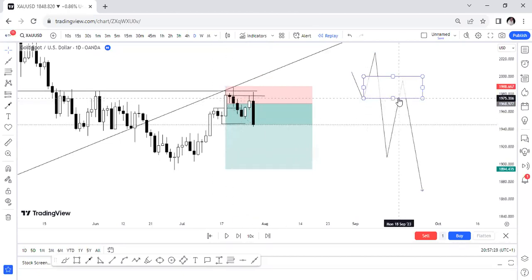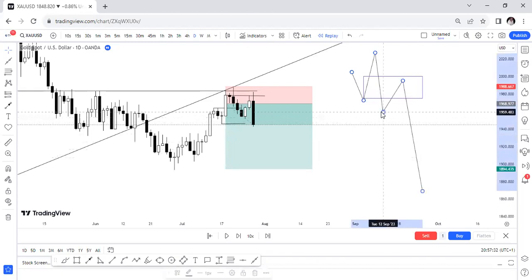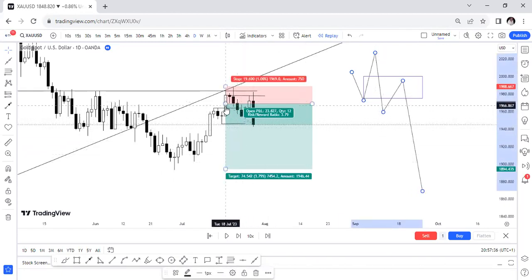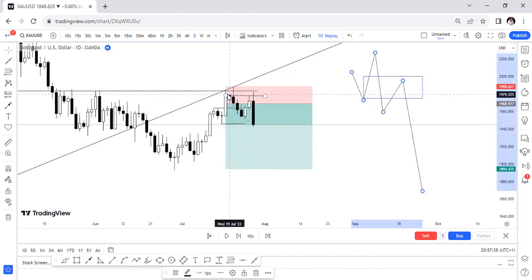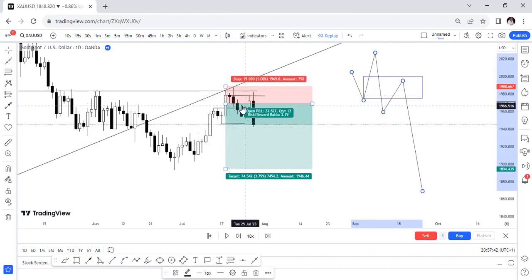Then this structure is established now, although it had never broken until here. That's established. This pushed it lower.